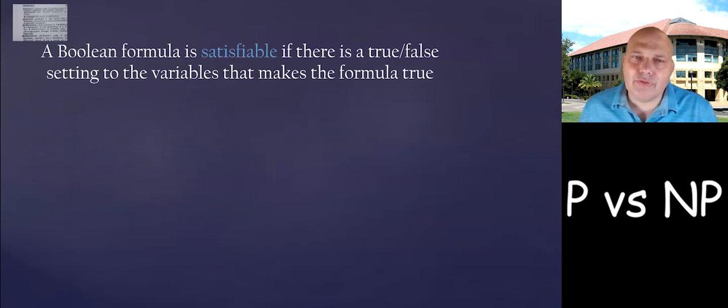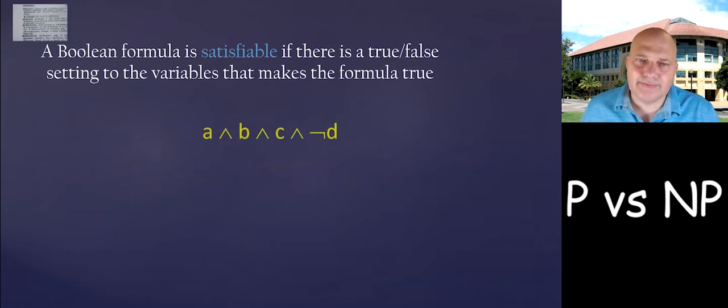A Boolean formula is satisfiable if there is a true-false setting of the variables that makes the formula true. So if it does have a satisfying assignment. Is this satisfiable? Yes. You have all independent literals, and you can just make each one of them individually 1.